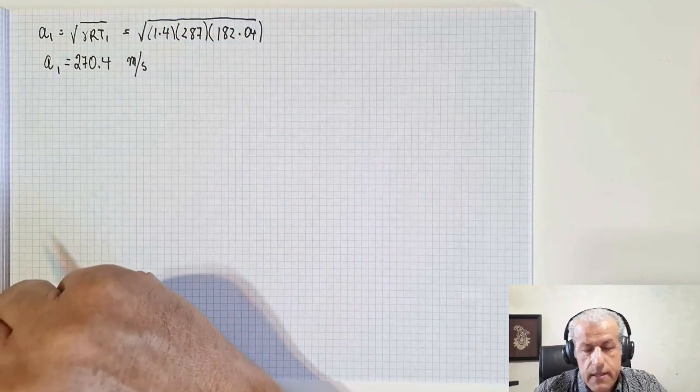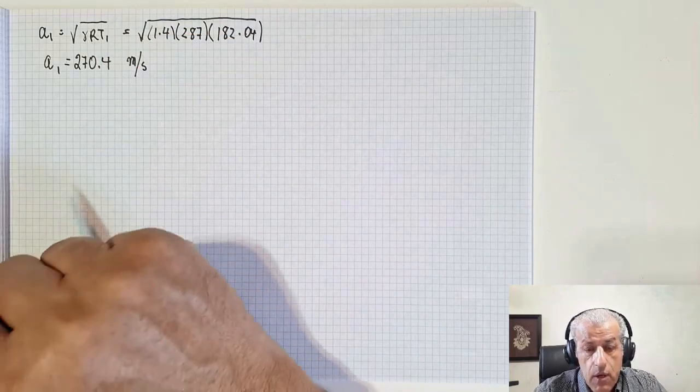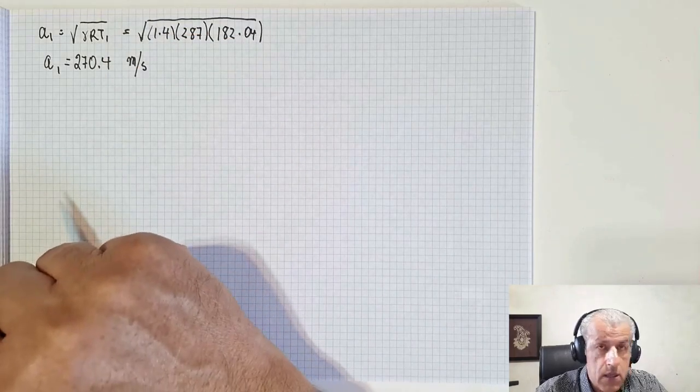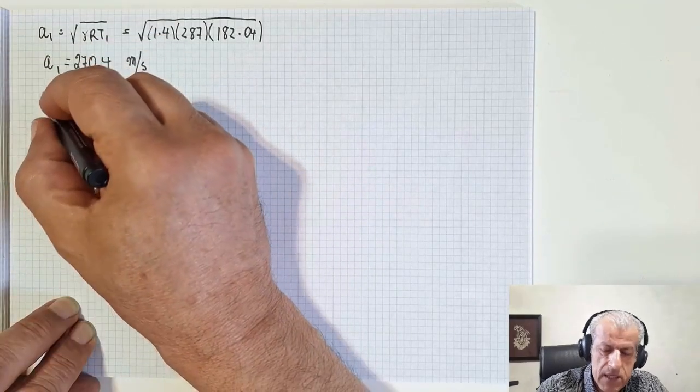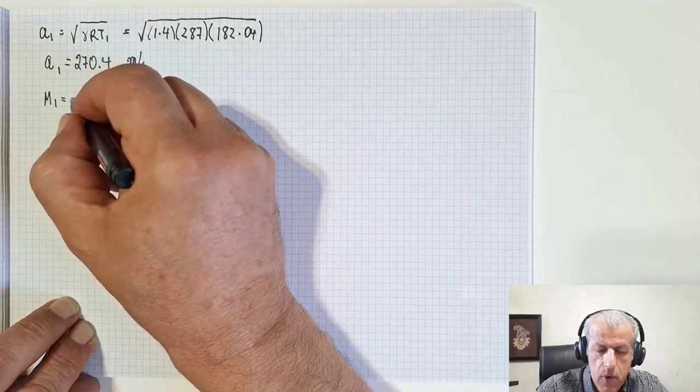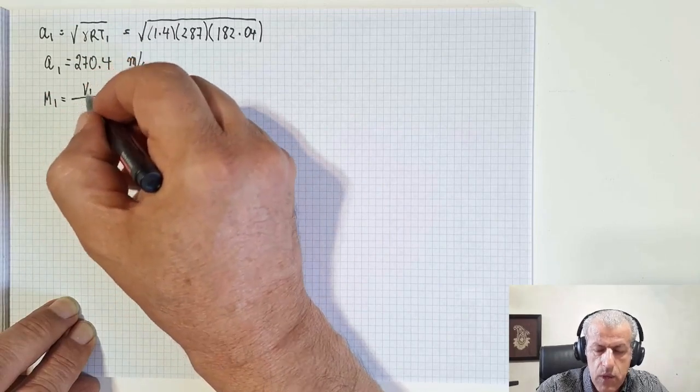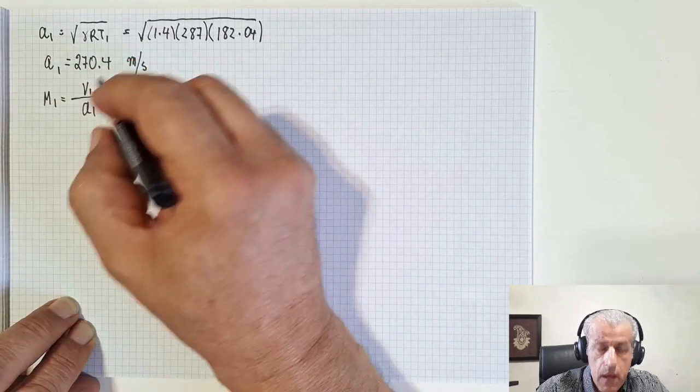And that's the speed of sound at station 1. Just to check if everything matches, we can write that M1 should equal V1 over A1.